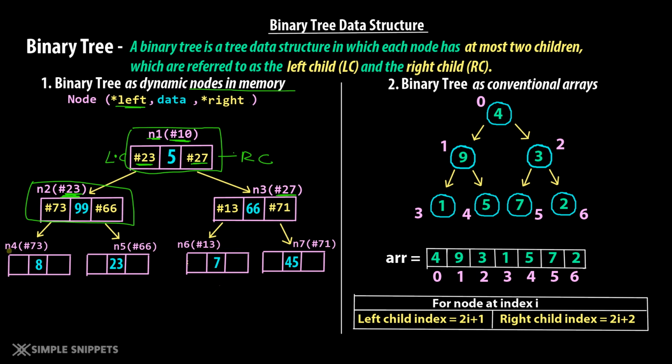You can see we've created n4 at #73, and that is stored as left child in n2's left pointer, and for the right you have #66, which is n5's address, and so on and so forth. So this is how you pretty much create linked list also. So similarly you can create binary tree as dynamic nodes in the memory and link them using the left and right pointer methodology. But there is one more way of creating binary tree, which is by creating conventional arrays.